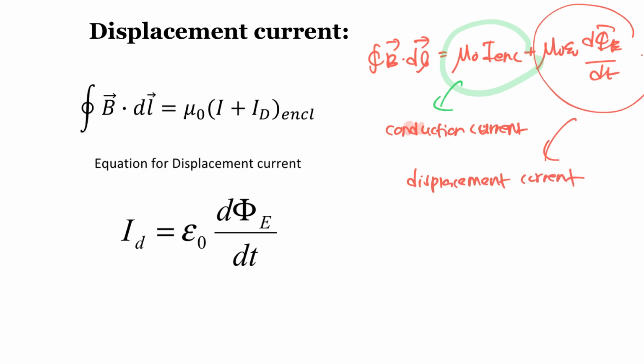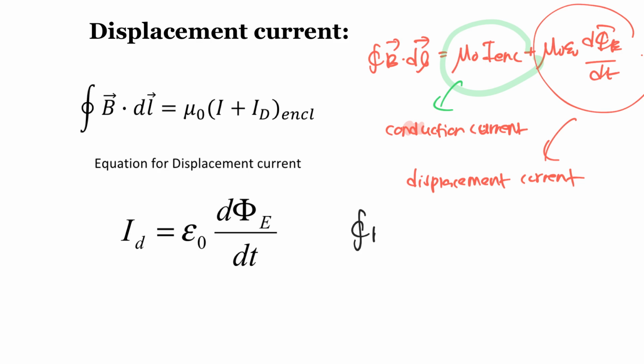So basically what happened here is we assume that when you have an electric field passing through between the plates, it is as if you have a current passing through between the plates. That's why we assume that this part is a displacement current. So we need to change the formula a little bit.